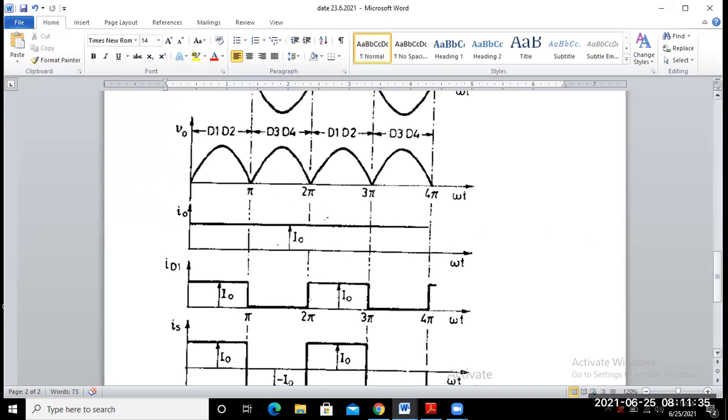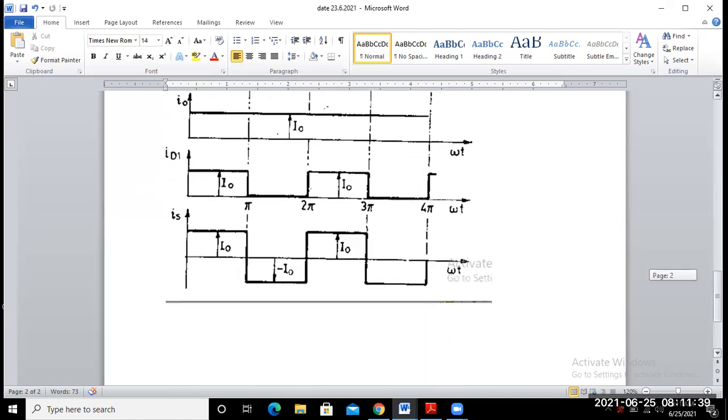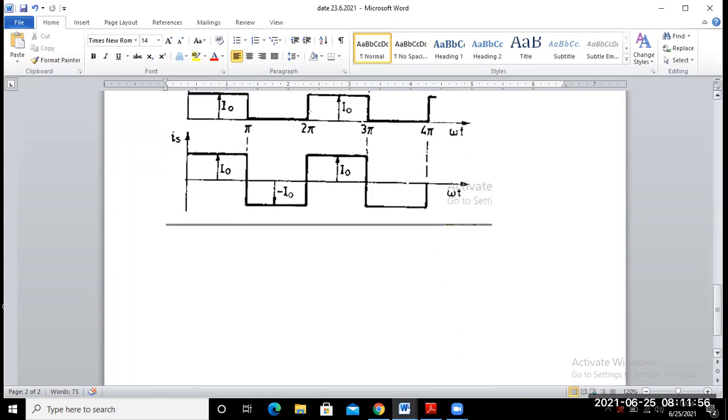How much is it? Can you tell me? For this waveform, what is the average output voltage? You can just write here.